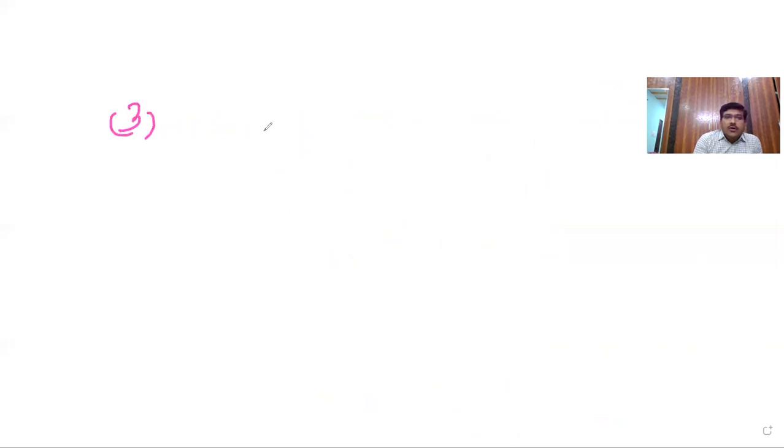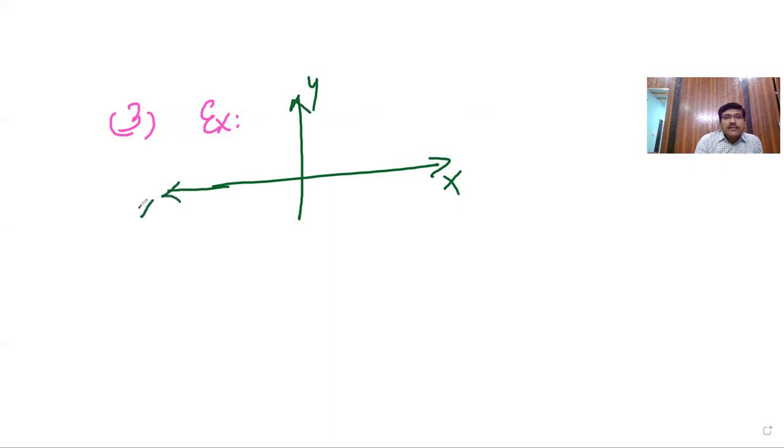Now, I am taking an example. Observe. Suppose this is the x-axis, this is the y-axis, this is the negative x-axis, and the negative y-axis. Suppose you have got sigma Fx with positive sign, towards the positive axis.